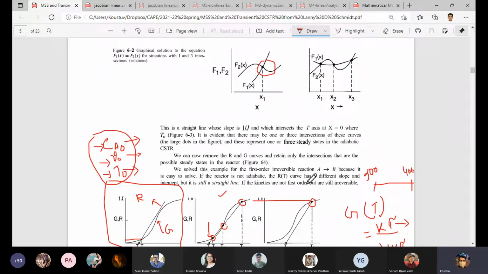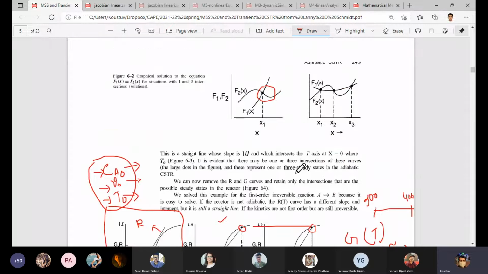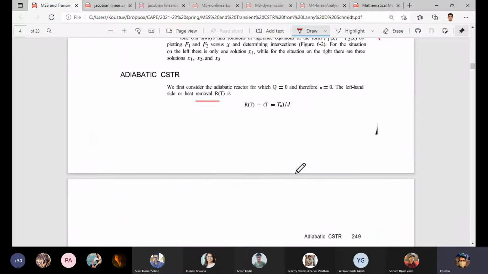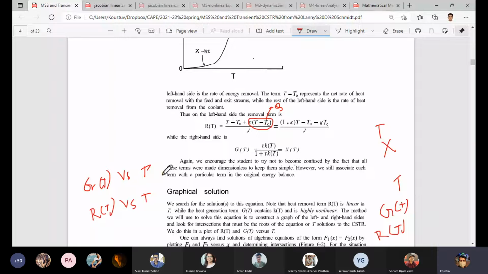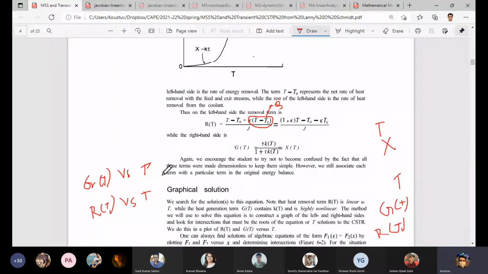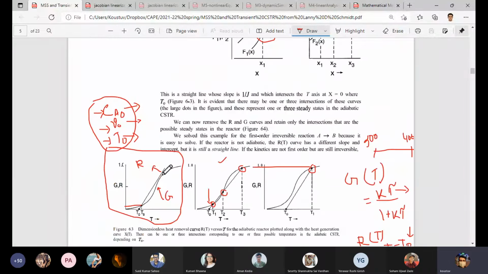Okay, so what we were talking about last week is that we had derived this sort of graphical analysis, and we found that the two curves cross each other depending on the inlet values of the feed temperature, concentration, and volumetric flow rate.